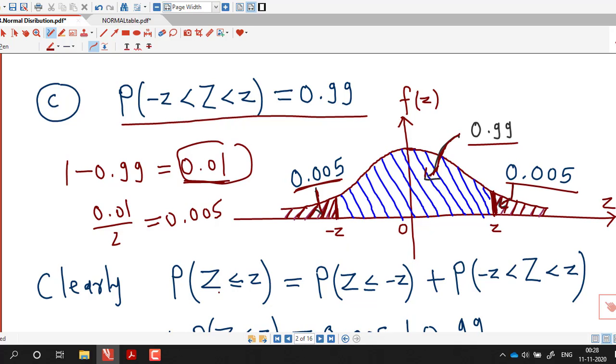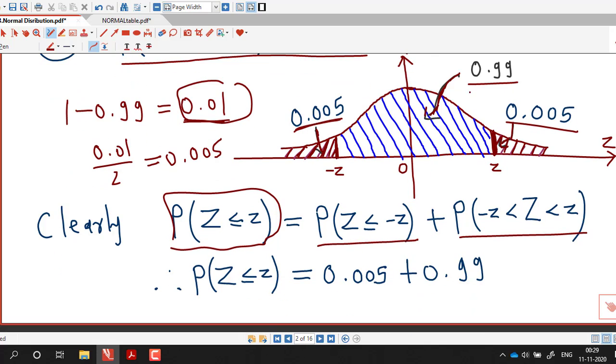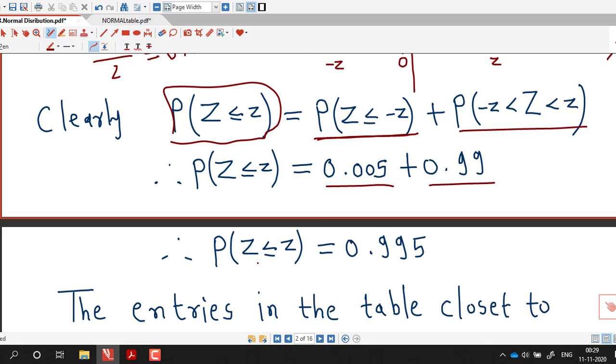So it is clear that the probability that Z is less than or equal to small z is nothing but the area to the left of small z. This area is the summation of two areas, the area up to minus z and the area between minus z and z. Now the area up to minus z is 0.005, and the area between minus z and z is given to be 0.99. So therefore the area to the left of z, which is the probability that Z is less than or equal to small z, is 0.995.